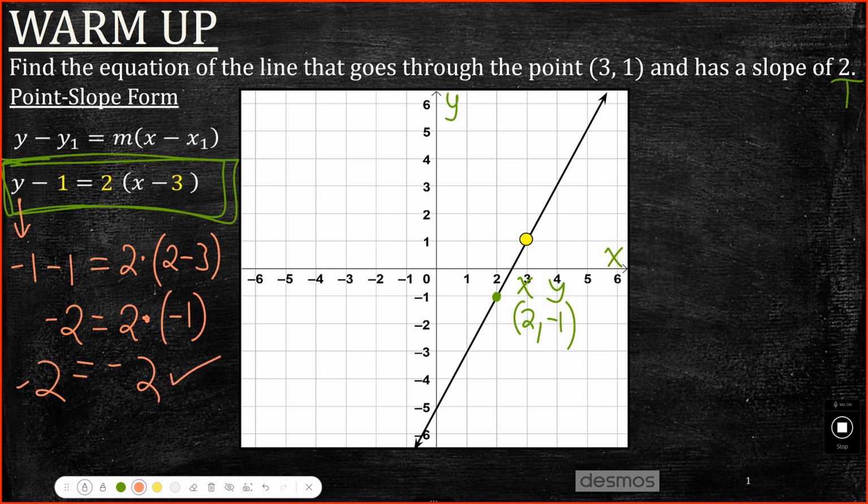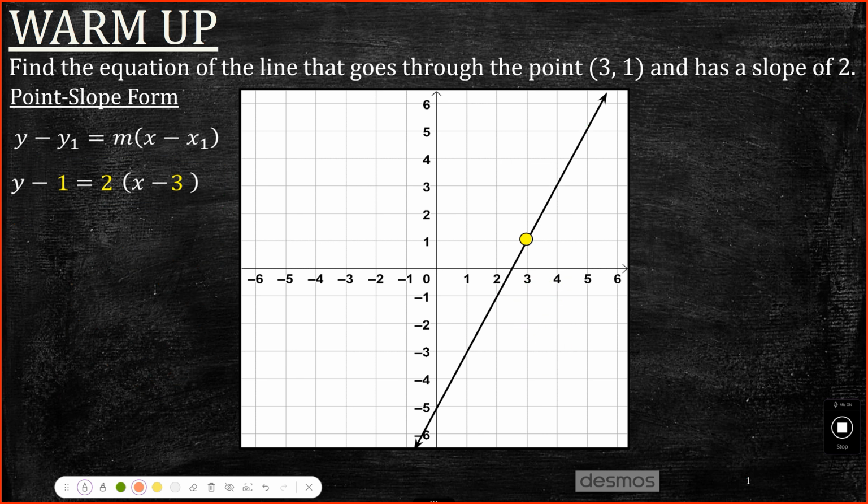So this is always going to be true no matter which point you use on the line. It would always satisfy the equation. Even more so, the slope is always constant for a line. A line has a constant slope no matter what point you're looking at.